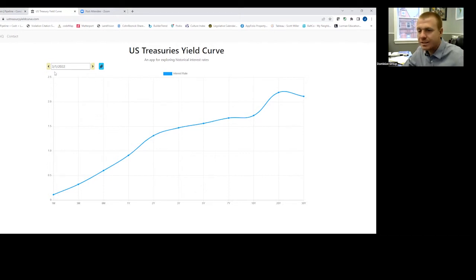So just 7 months ago, the treasuries are about the most liquid, widely traded security in the world.